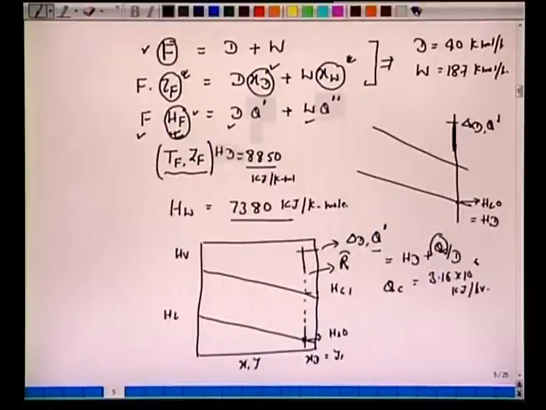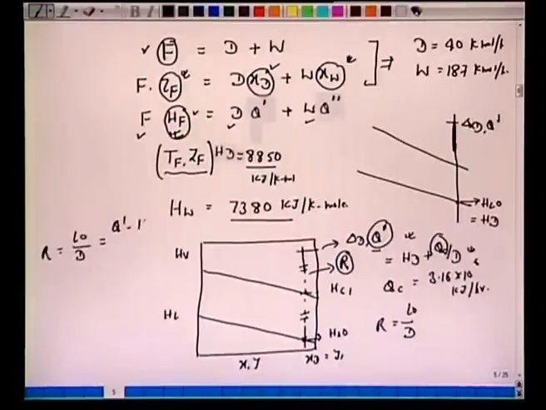So essentially what reflux ratio was given to us, and we knew these segments. So all we do, we take the segment. That's the definition for your reflux ratio R equal to L0 by D. So if you know this, we know this. We know this Q, mark this Q point. From this Q dash we can calculate QC equal to this, because HD is known and D is known to us. All right. So either one makes use of the definition for reflux ratio as L0 over D equals Q dash minus HG1 over HG1 minus HL0.